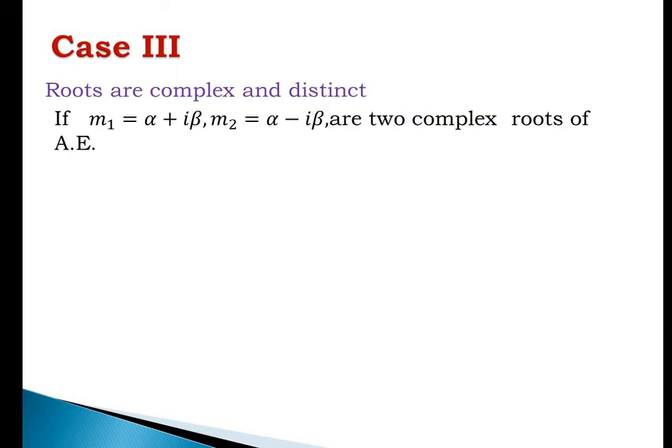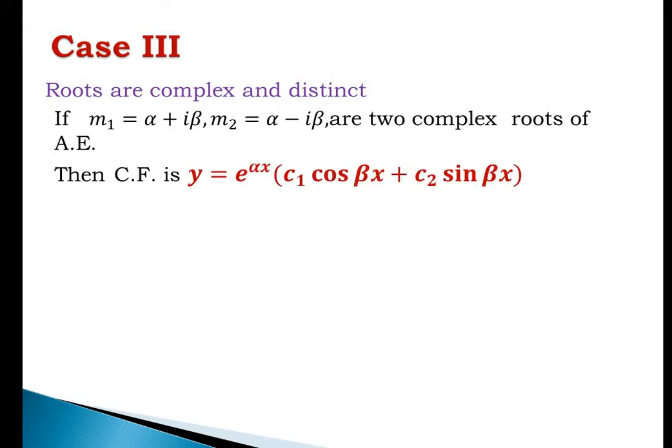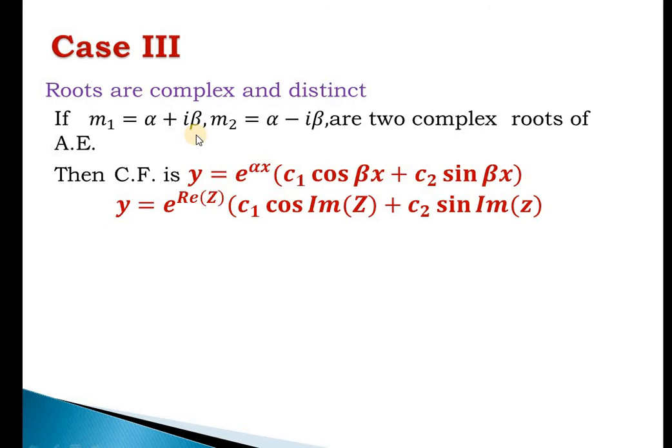Now next we see roots are complex and distinct. So we know that complex roots always occur in conjugate pairs. So if M1 is equal to alpha plus i beta is a root, definitely M2 is equal to alpha minus i beta is also a root. So what is the nature of the complementary function here? If roots are alpha plus i beta, alpha minus i beta, the real part is alpha, the imaginary part is beta.